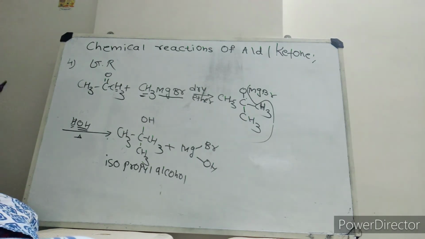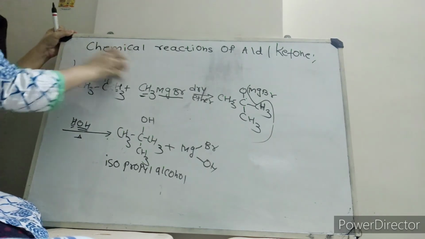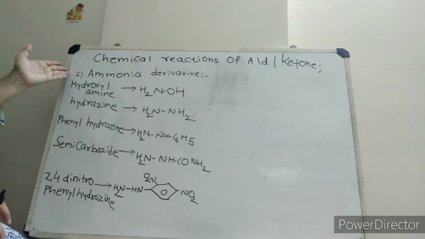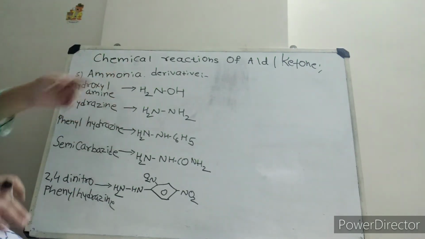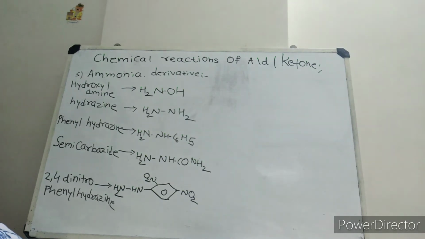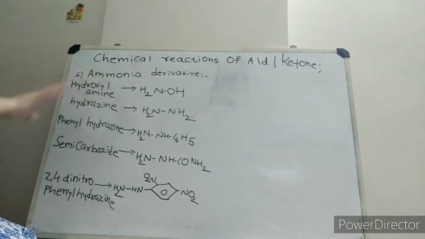Now the fifth reaction is with ammonia derivatives. There are so many examples given in your textbook. It is with NH2OH, which is known as hydroxylamine.